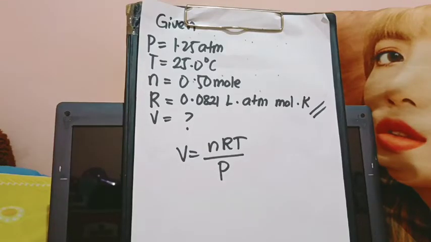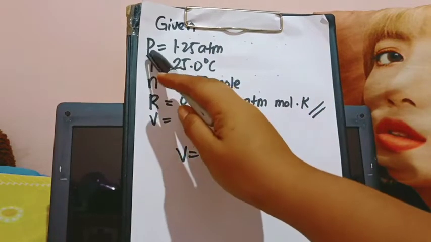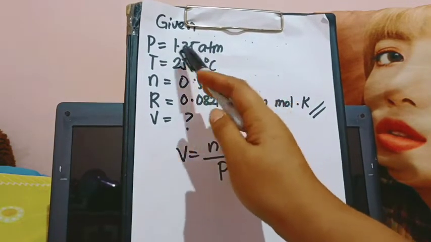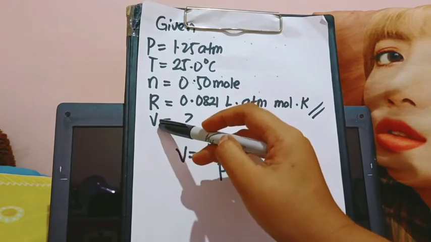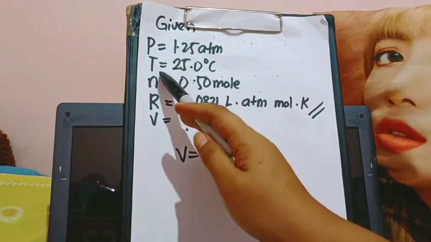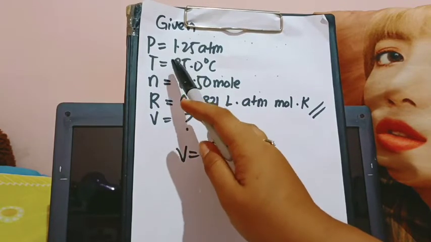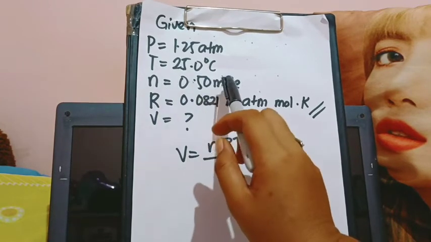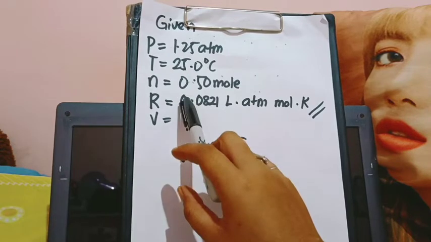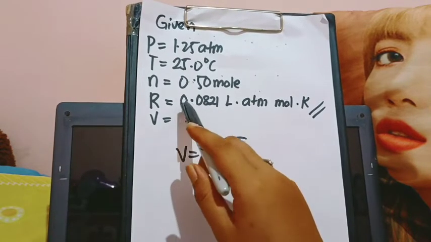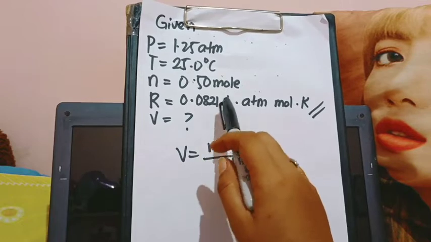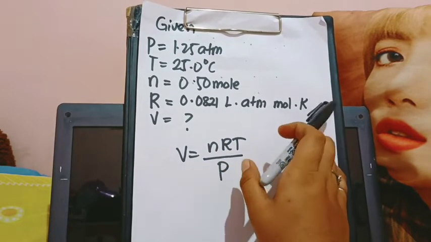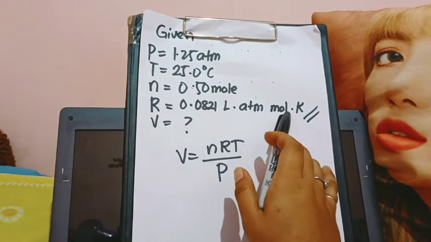So let's try this problem. We will use the ideal gas law formula for this problem. The givens in this problem are P, T, n, and R. P is our pressure, T is our temperature, n is our mole, and R is the universal gas constant, or 0.0821 liter atmosphere per mole Kelvin. This is always our universal gas constant.